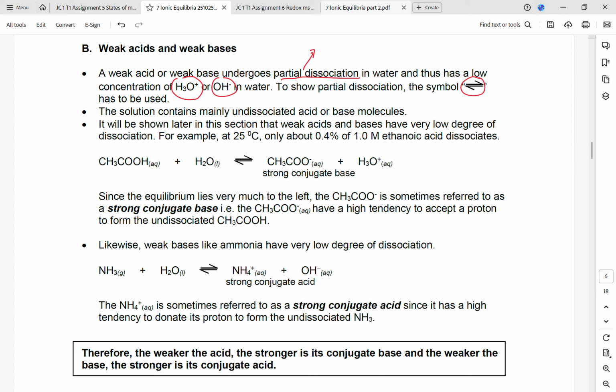I'm talking about a 1 over 10 to the power of 5 fraction. So it's that small. If you have 100,000 molecules, only one dissociates. That's what weak acids and bases actually are.